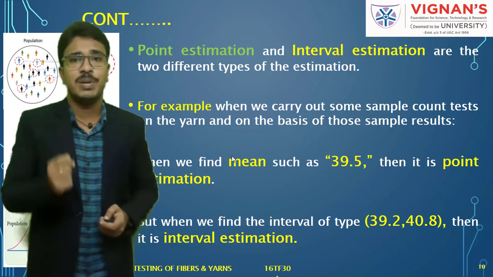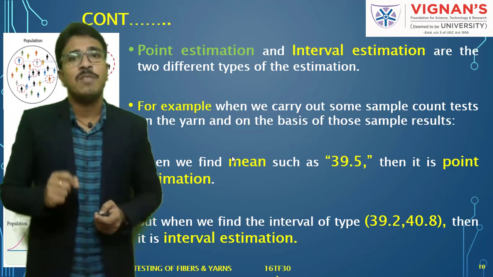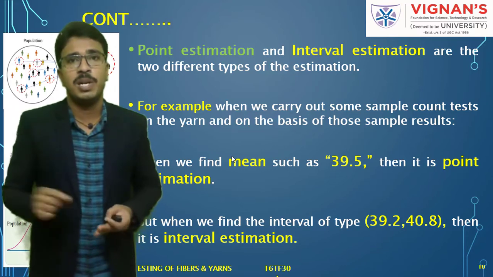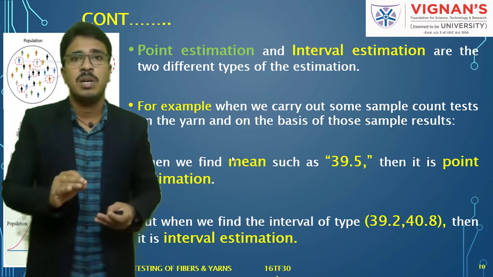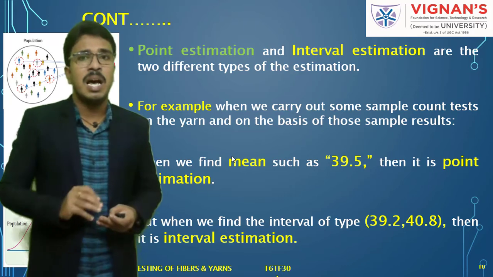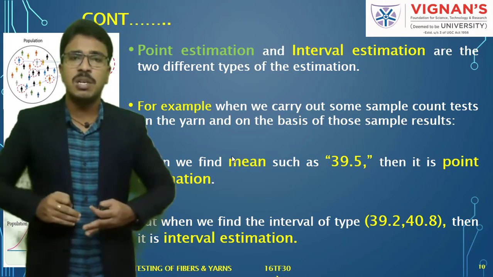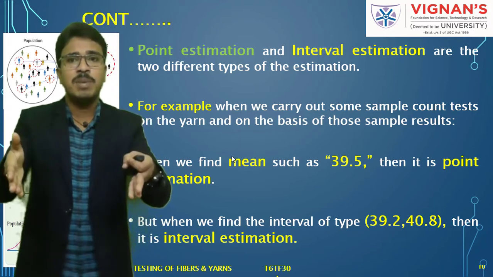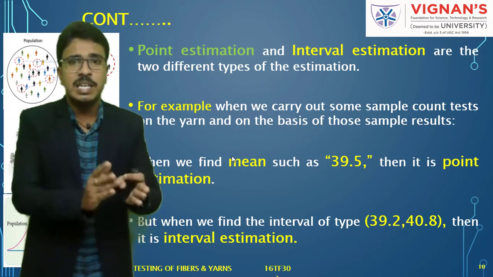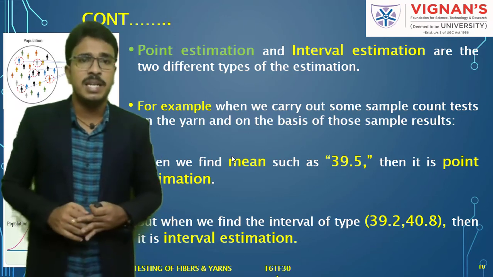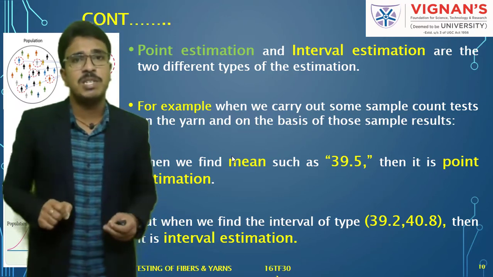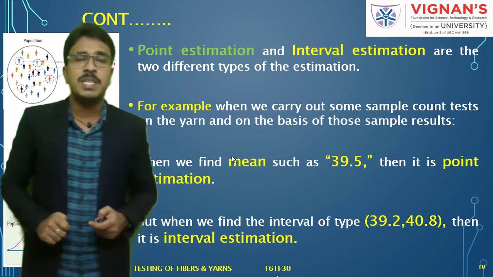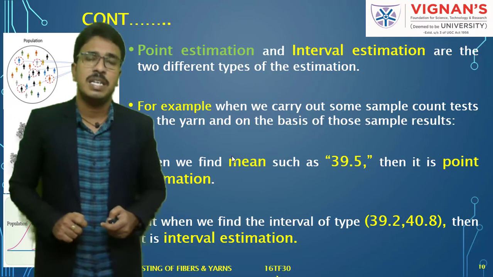Say for example, here you can see the mean of the test results may vary in between 39.2 and 40.8. The mean or average count of the sample selected is ranging in between 2 values, 39.2 and 40.8. This type of estimation we call interval estimation.